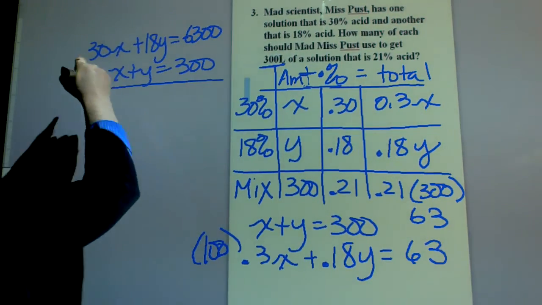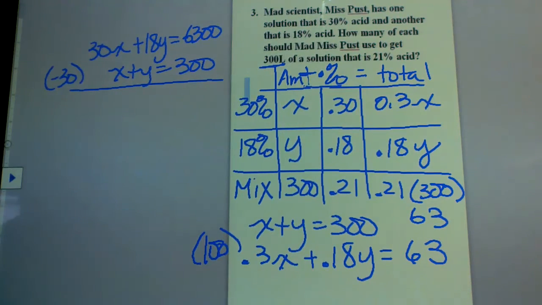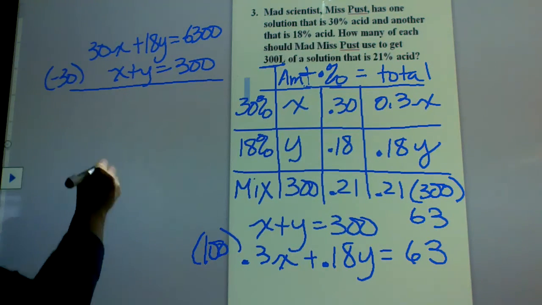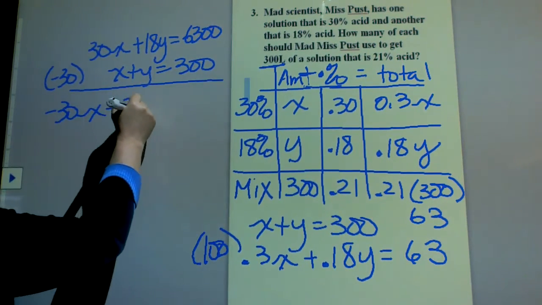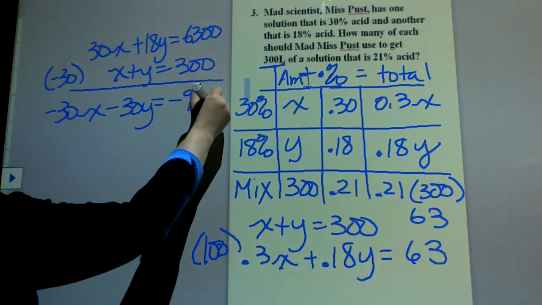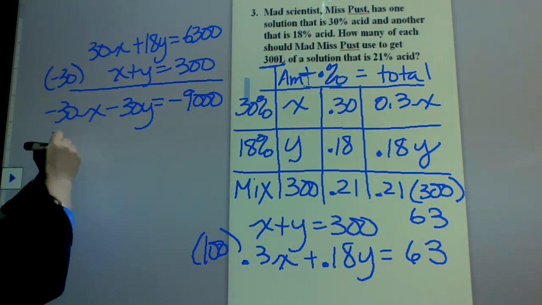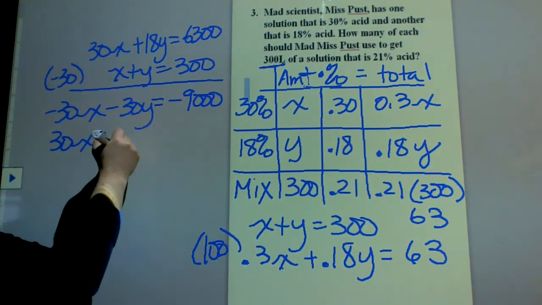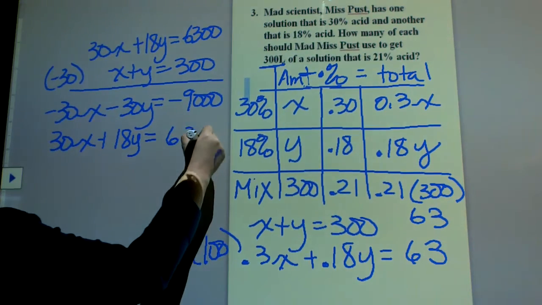Then we're going to multiply this equation times a negative 30 and work that out. So we get negative 30x minus 30y. That's equal to negative 9,000. And then we just bring this one down here. So 30x plus 18y is equal to 6,300.